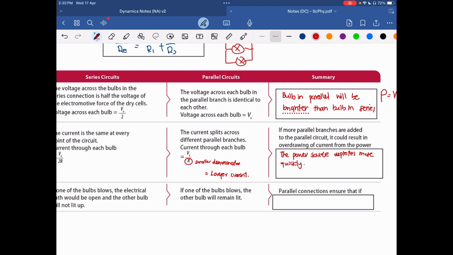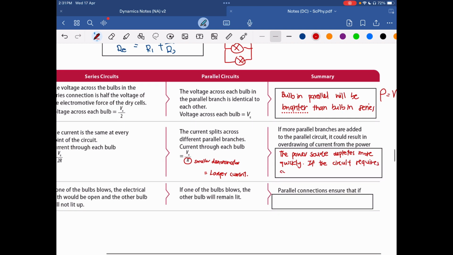So the battery will run out faster, right? And if the circuit requires constant current, parallel connection should be avoided.